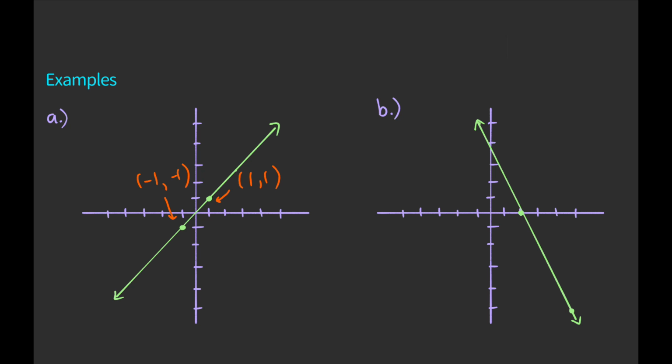Now we have to choose which point we want to be x1, y1, and which point we want to be x2, y2. It really doesn't matter, so let's say this point, I'm circling blue, is going to be our x1, y1. And this point in yellow is going to be our x2, y2.